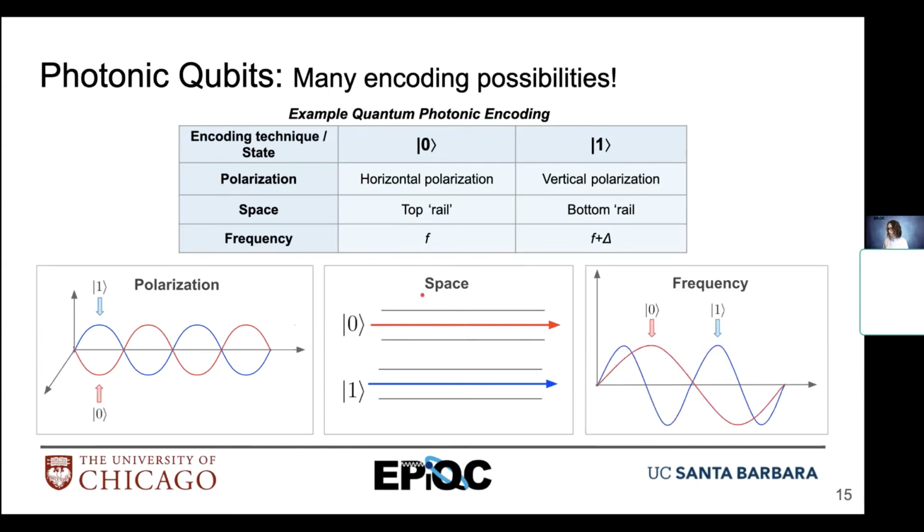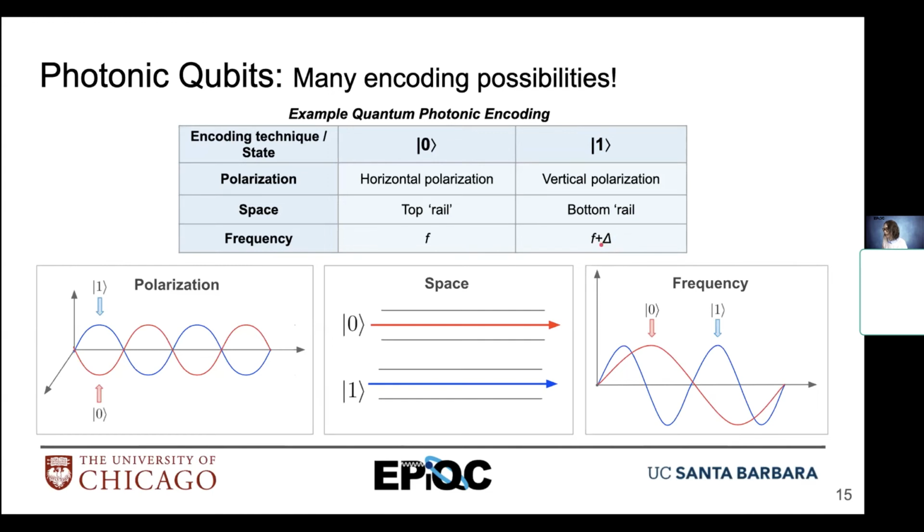Finally, we have frequency. Frequency assigns one frequency value for one basis state. So ket 0 could be frequency F, and then ket 1 would be frequency F plus some delta, so some change. If we think about what that would look like visually, we would have one frequency for ket 0.